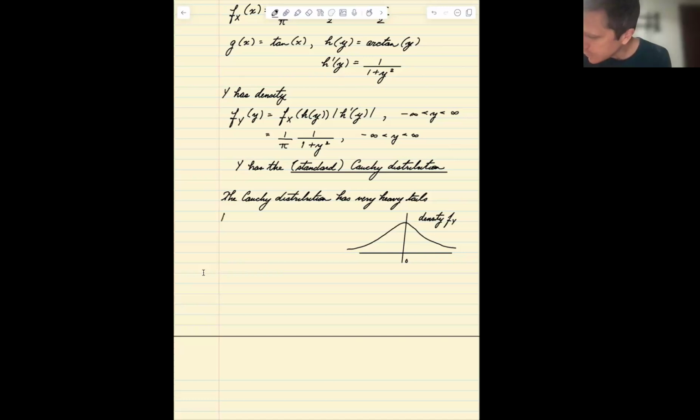So in particular, what's the probability that y, the Cauchy, is bigger than or equal to x? Well, of course, it's the integral of the density from x to infinity.